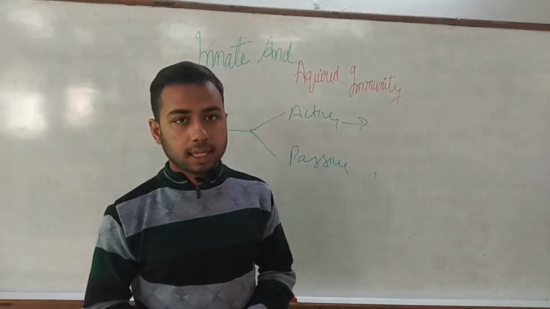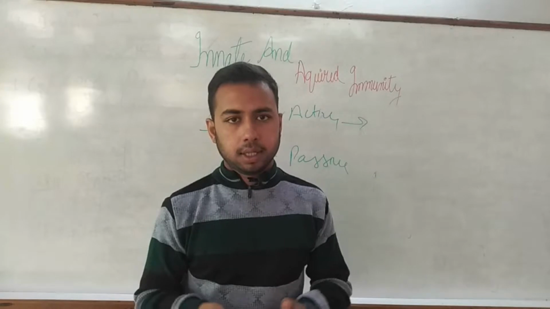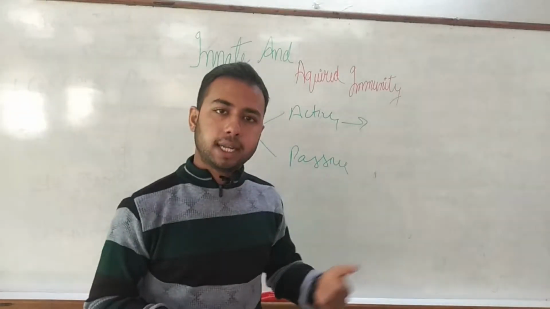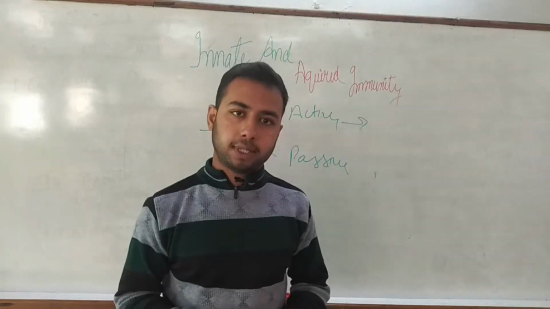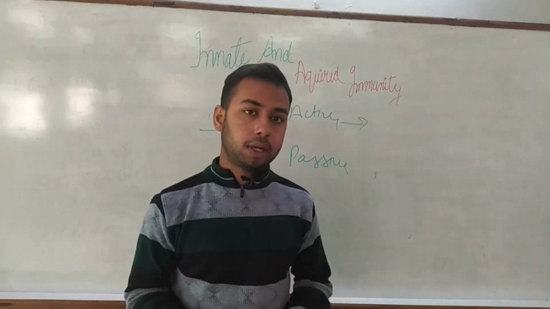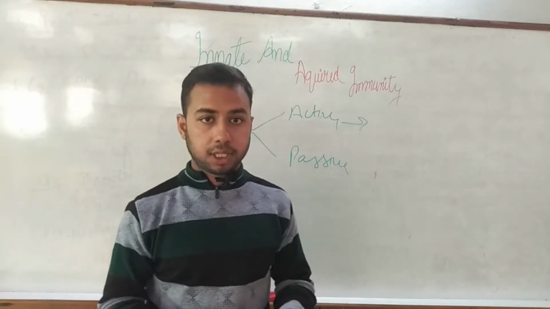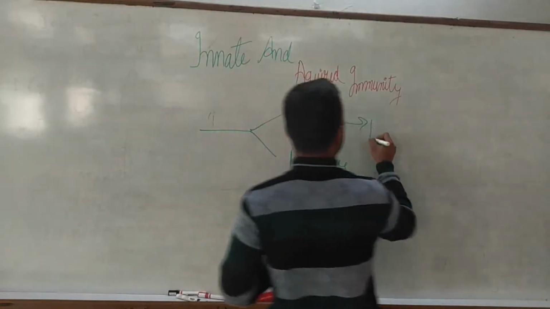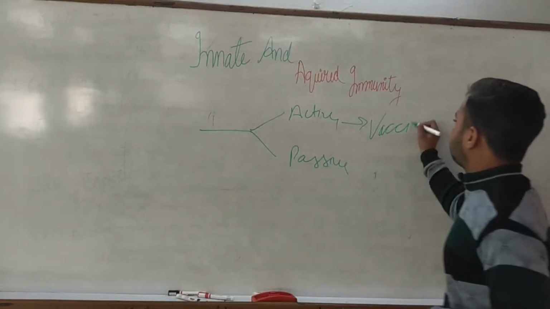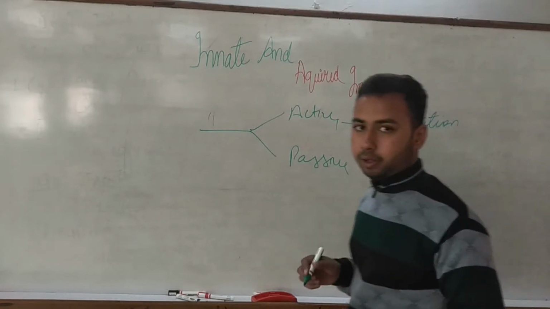A vaccine is a killed or live attenuated antigen which enters our body and makes us immunologically capable of fighting the agents coming from outside. Vaccination is a type of active immunity.